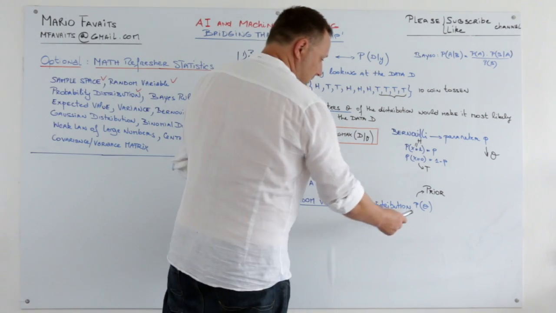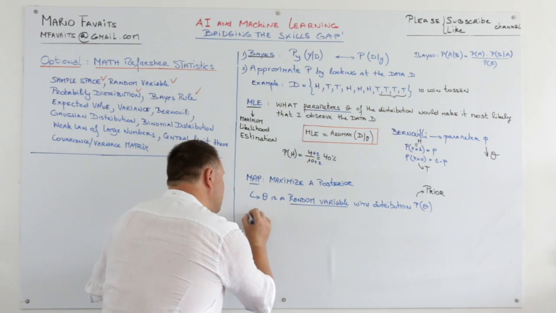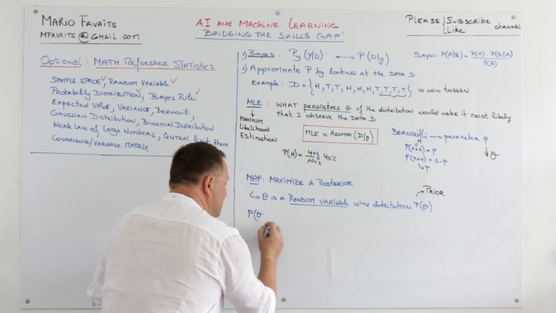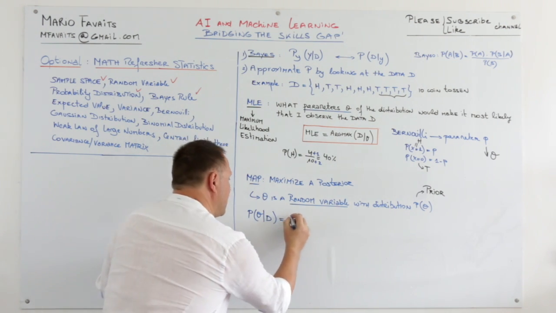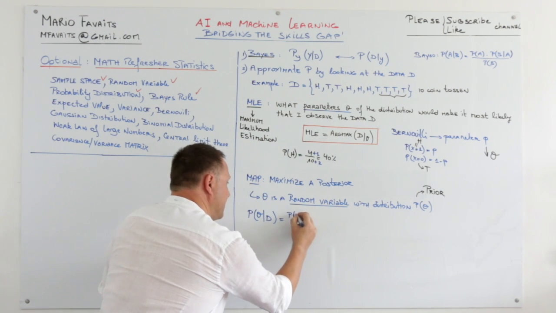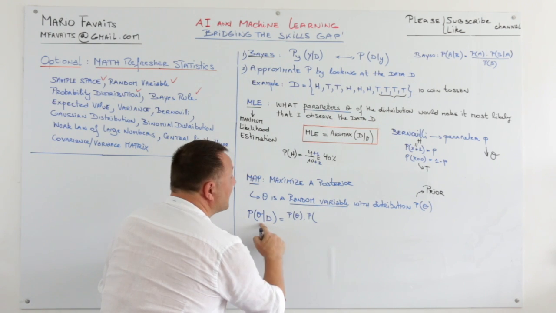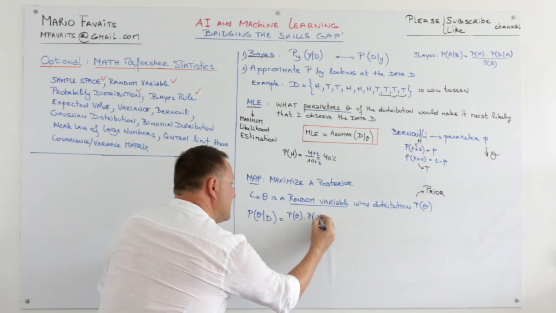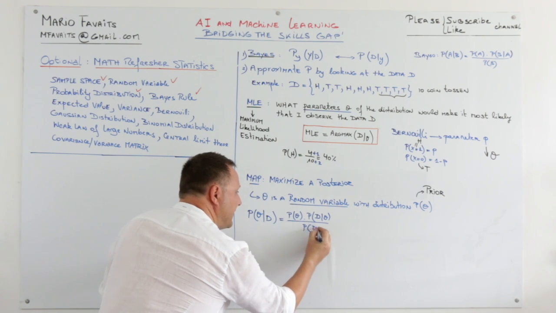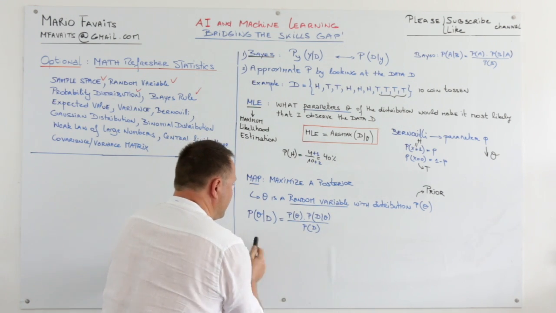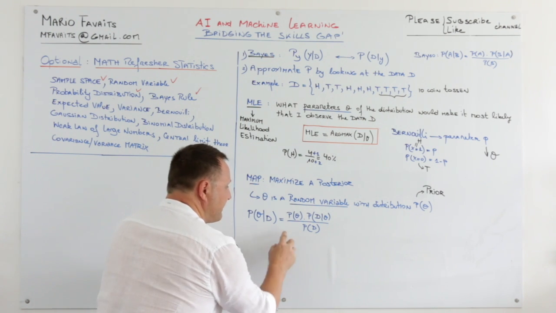And then when you know p of theta, then you can use Bayes: the probability distribution of theta given the data set equals the probability of theta times the probability of the data D given theta, divided by the probability of D. So this allows you to calculate the distribution of theta given D from the Bayes rule.